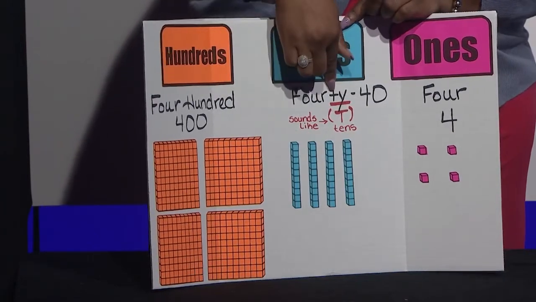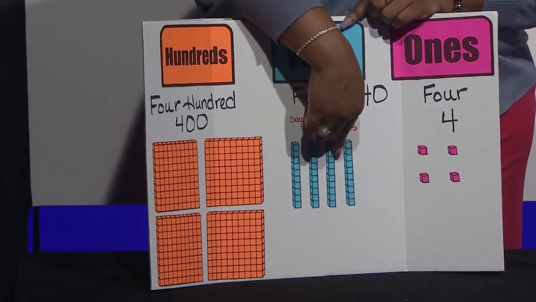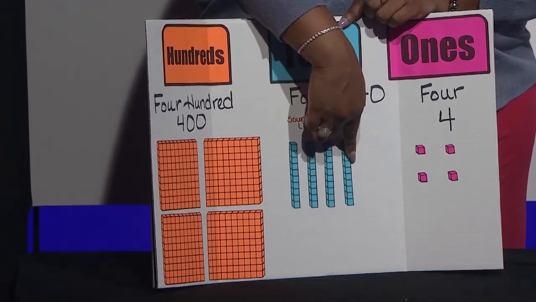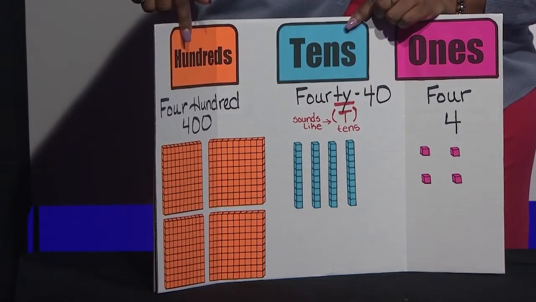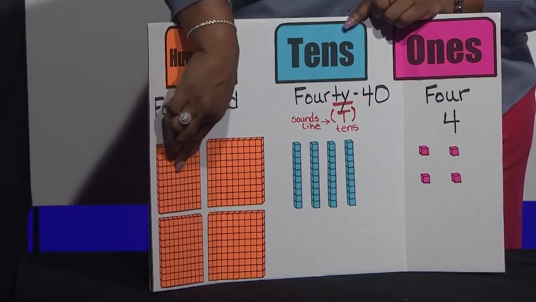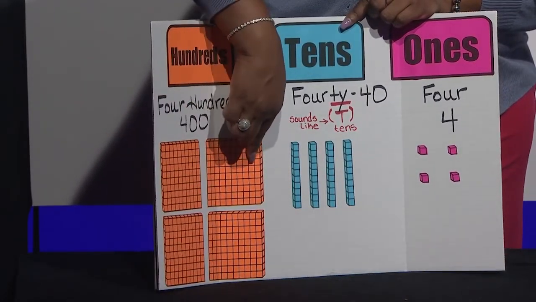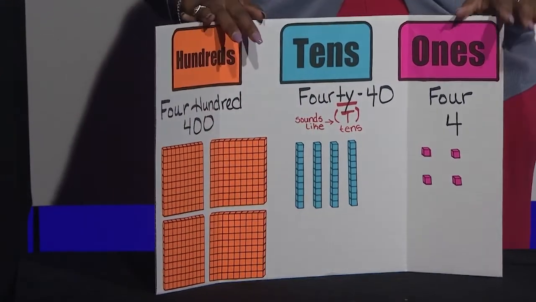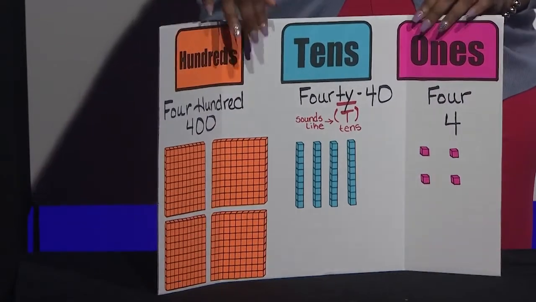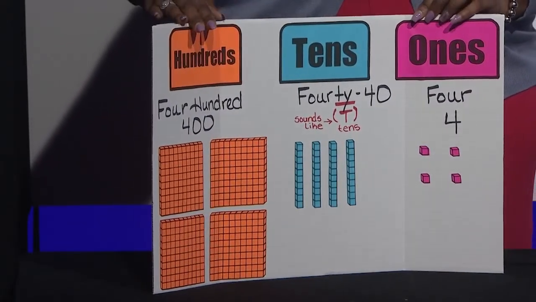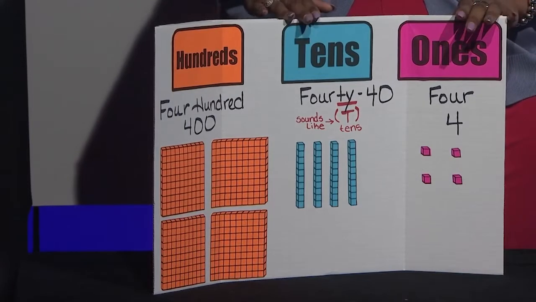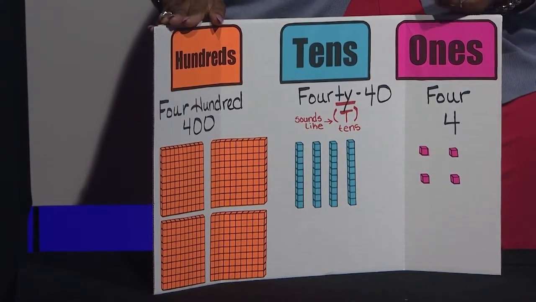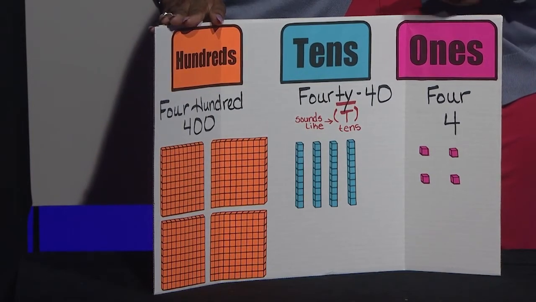Well, 4t has 1, 2, 3, 4 tens, which is 10, 20, 30, 40. 400 has 100, 200, 300, 400. So I may see a 4 in each one of these places, in my ones, in my tens, and in my hundreds, but how I say it helps me remember the value.